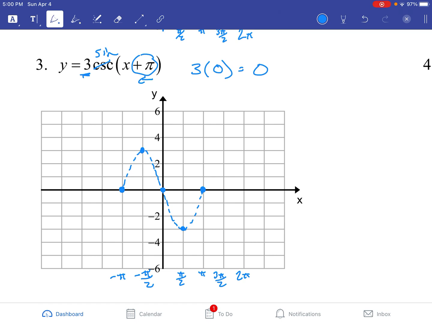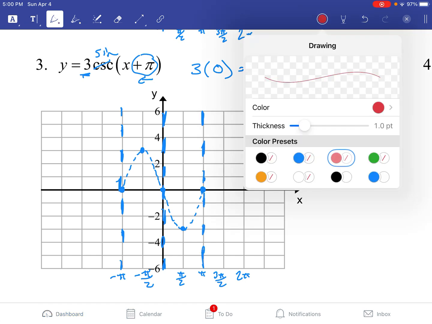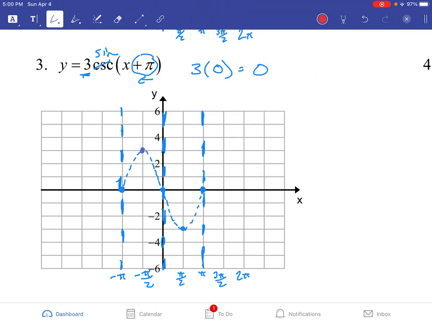Now all the parts where it would be at 0, which would be the parts in the median of the graph, the middle parts, I'm going to put my asymptotes. And then at the peaks and the valleys, I'm going to put my points, and my parabola type shapes.